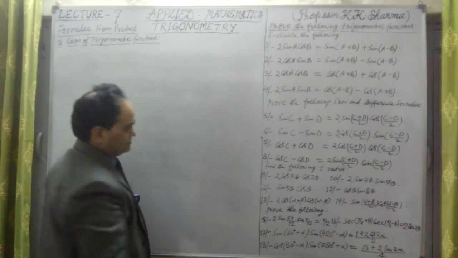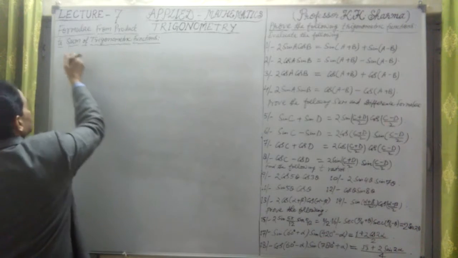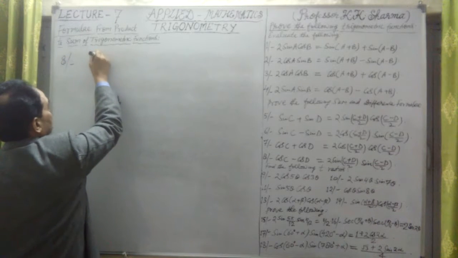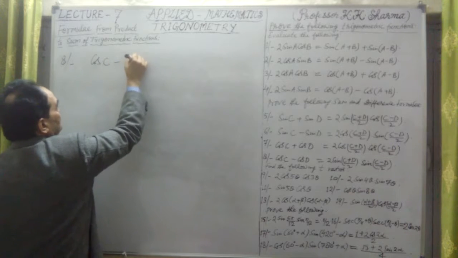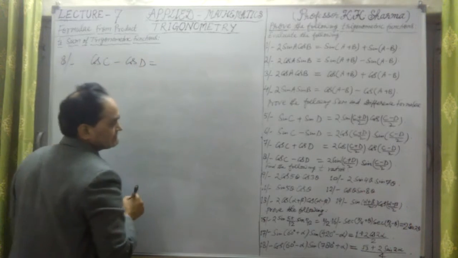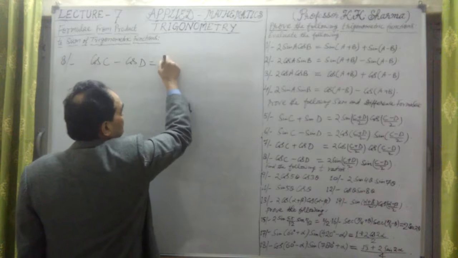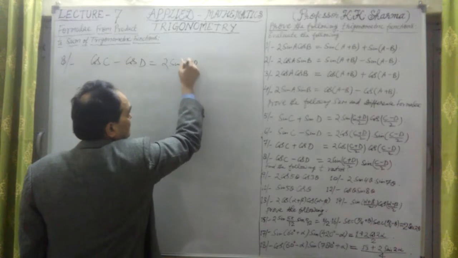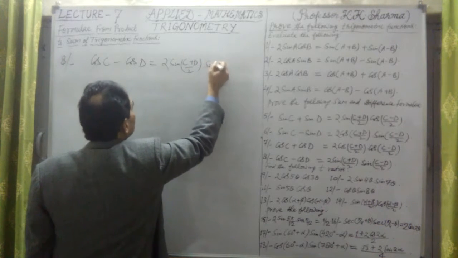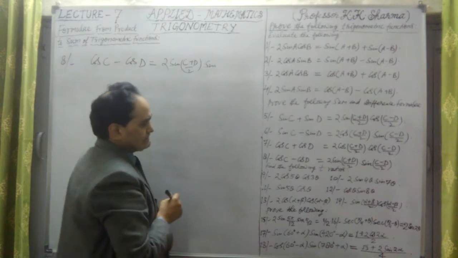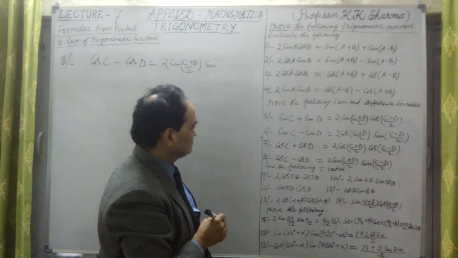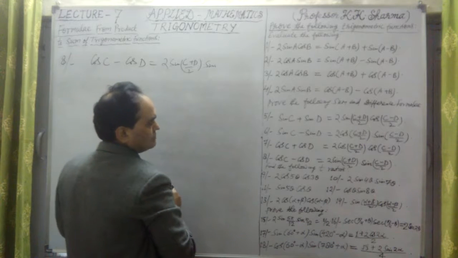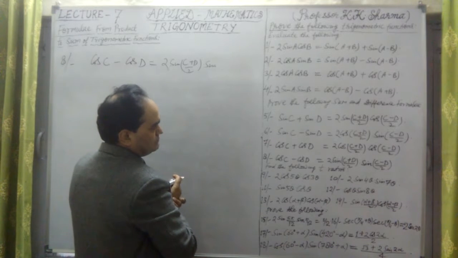Now question number 8. What is that? Question number 8 is cos C minus cos D. We have to prove that cos C minus cos D is equal to 2 sin (C plus D) by 2 into sin... Let me just check it.